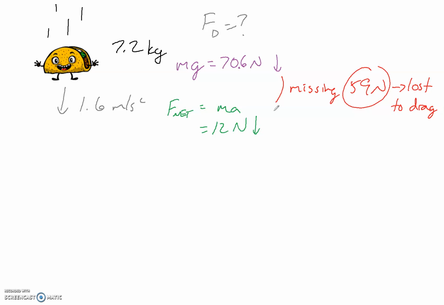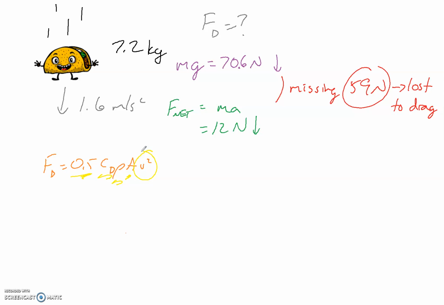Now, if we look at this a little differently, if we go back to that expression that I showed you guys before, 0.5 C_D rho A V squared, as the taco falls and keeps falling, all these stay the same except for the V. As he falls, his V keeps on getting bigger and bigger.